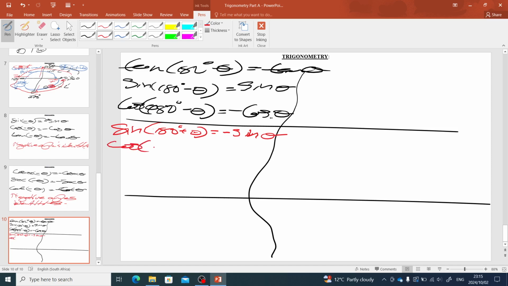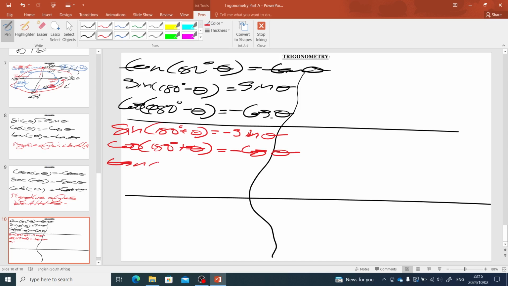Then cos of 180 plus theta is negative on the third quadrant, so it will be negative cos theta. Then only tan theta is positive: tan of 180 plus theta equals positive tan theta. That's what we have. As well as they are reciprocal, that's how they work.